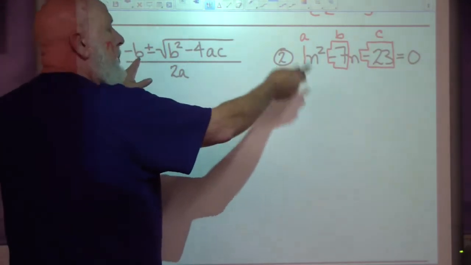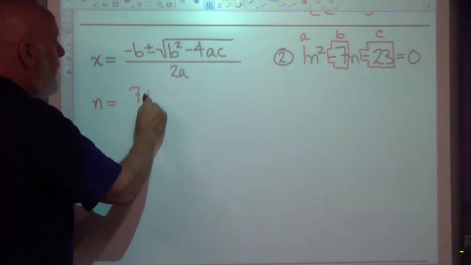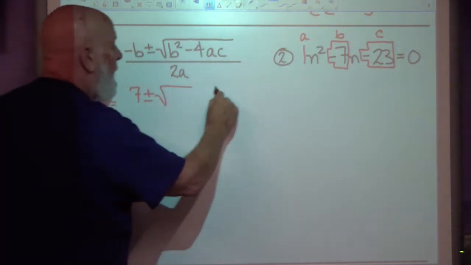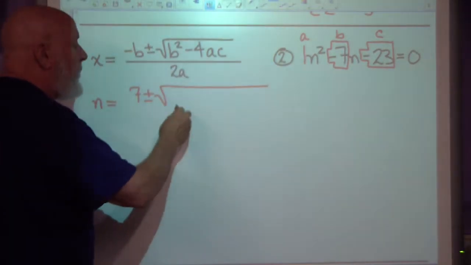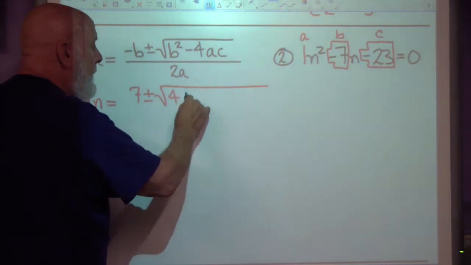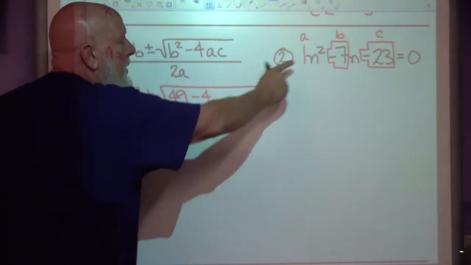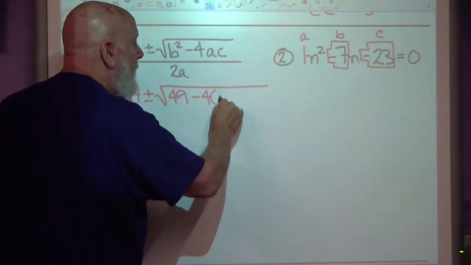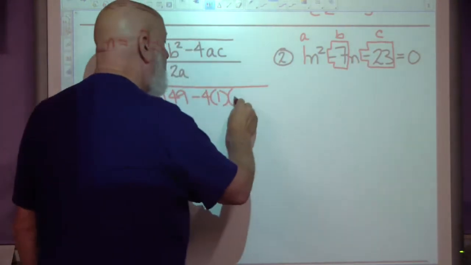Negative b means the opposite of b, so that's positive 7 plus or minus the square root of b squared, which is negative 7 times negative 7, which is positive 49, minus 4 times a, which is 1, times c, which is negative 23.